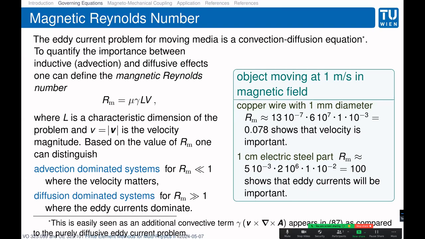Whereas when you take an electrical steel sheet, so with a considerably higher permeability here, so mu, the conductivity, of course, is a bit lower, but still you get a magnetic Reynolds number of 100. So here, eddy currents will be more important in this case.